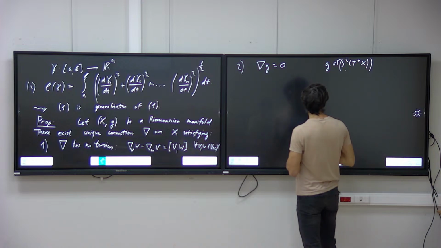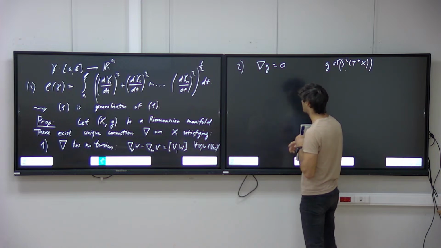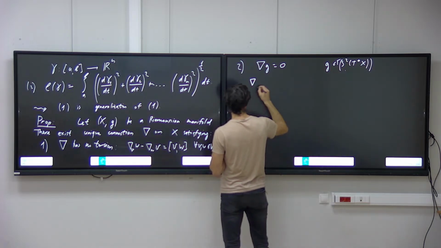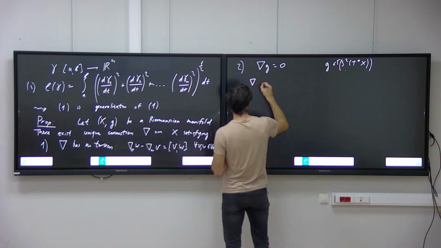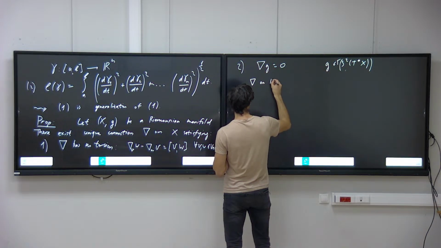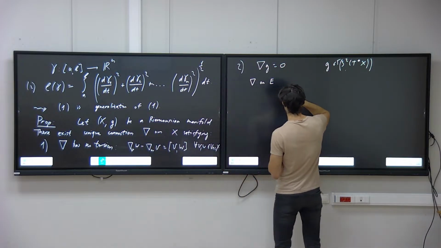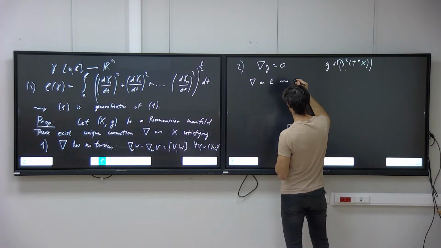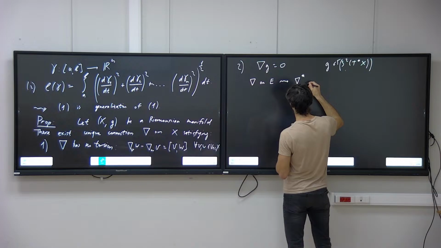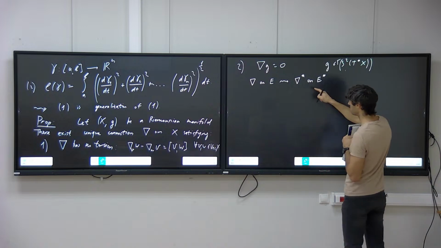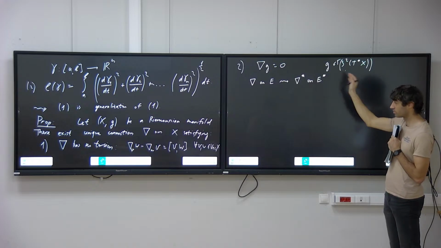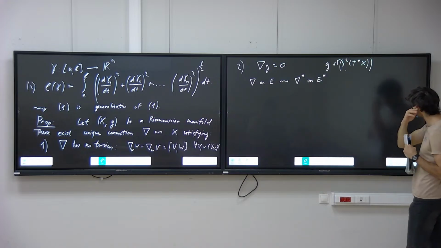We abuse notation, as we discussed, I think, at the seminar. If I have a connection nabla on some vector bundle E, then there exists some nabla star on E star, and we abuse notation and write nabla for nabla star, just assuming that it's the same.